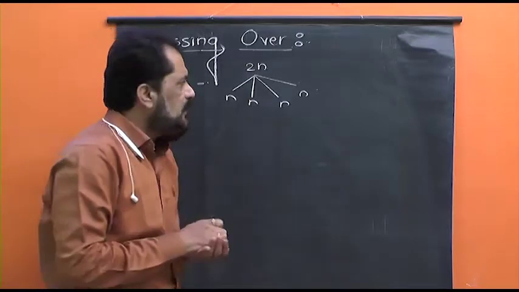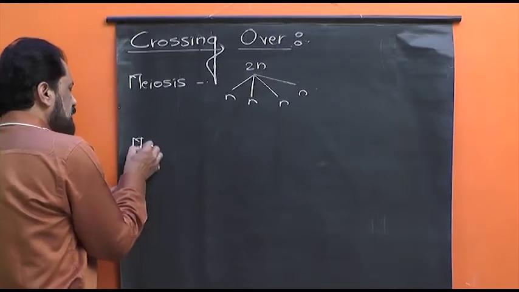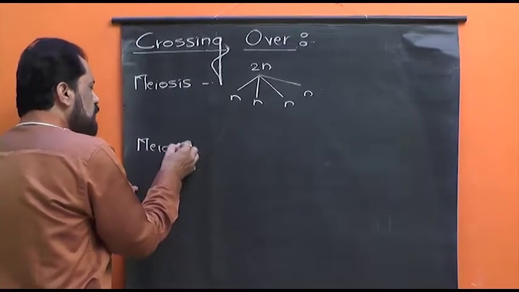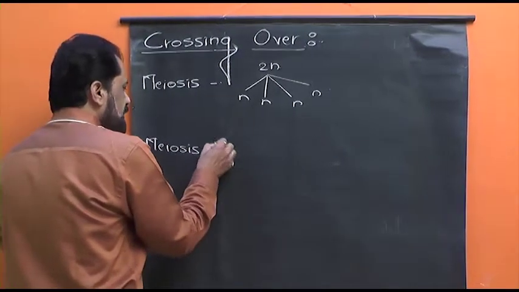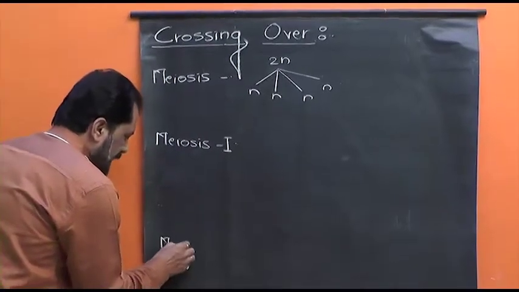Now we know that meiosis takes place in 2 successive divisions, meiosis first and meiosis second.